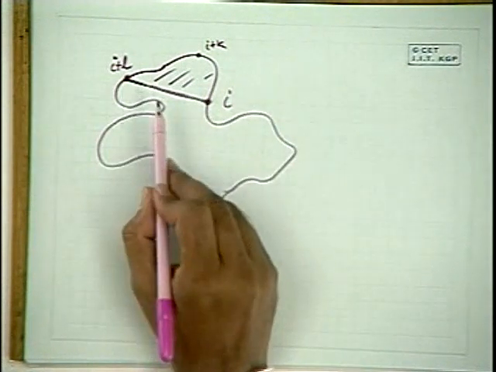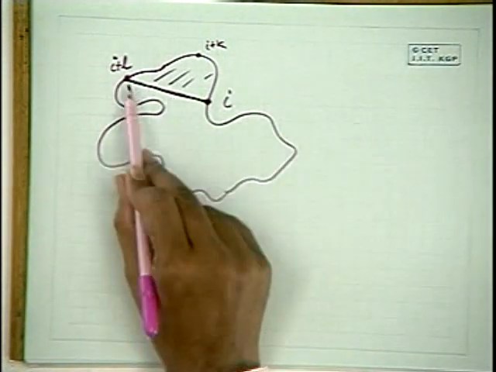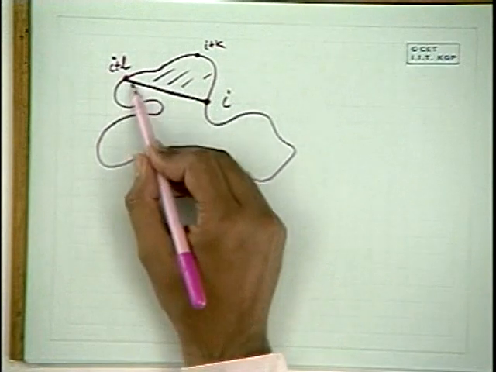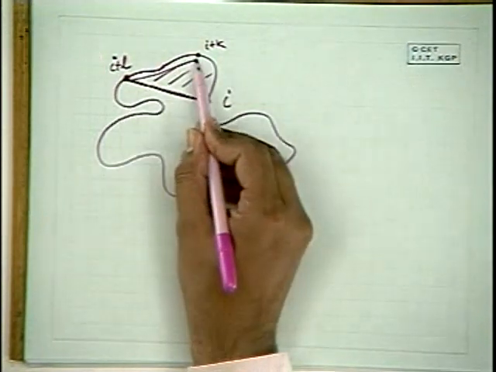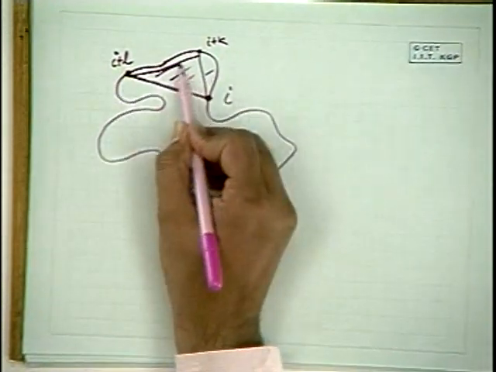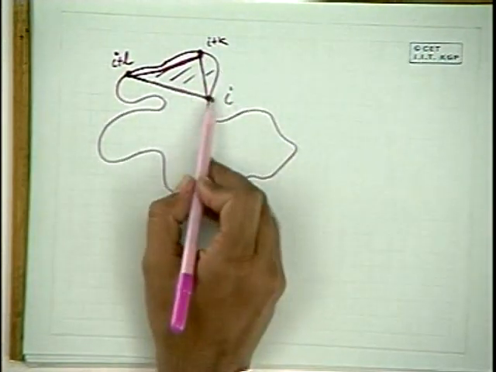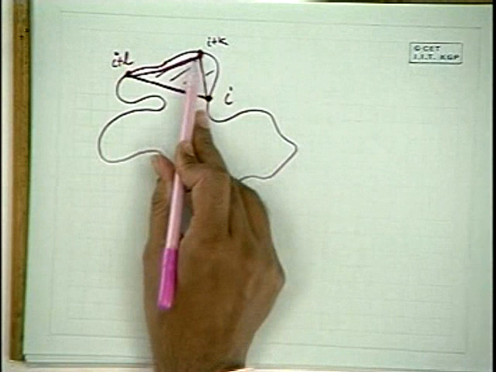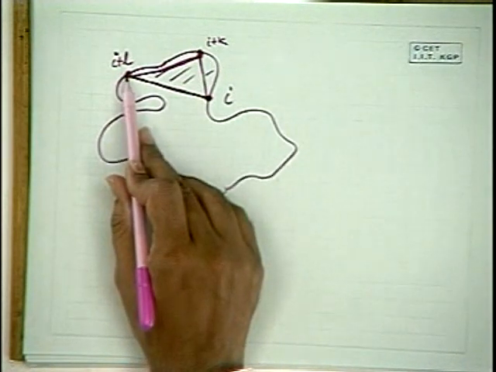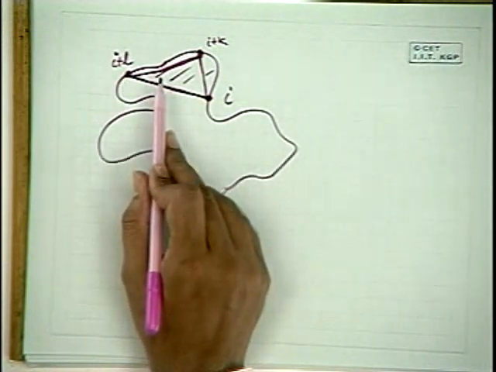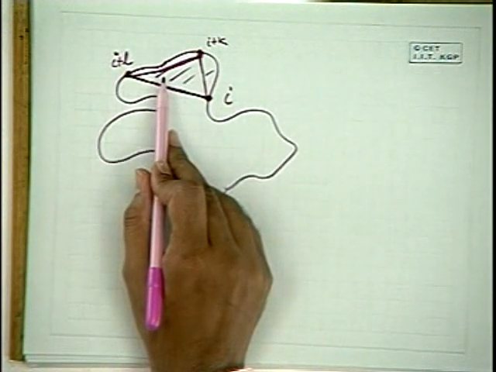So I am looking at the optimal triangulation of this sub polygon, and suppose it has this triangle: I, I plus k and I plus L. So this triangle is present in the optimal triangulation of this sub polygon.